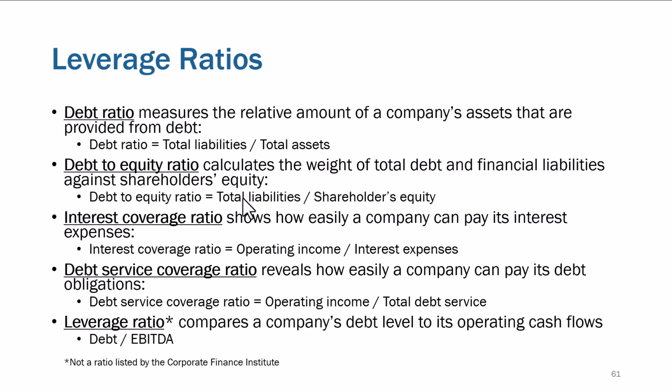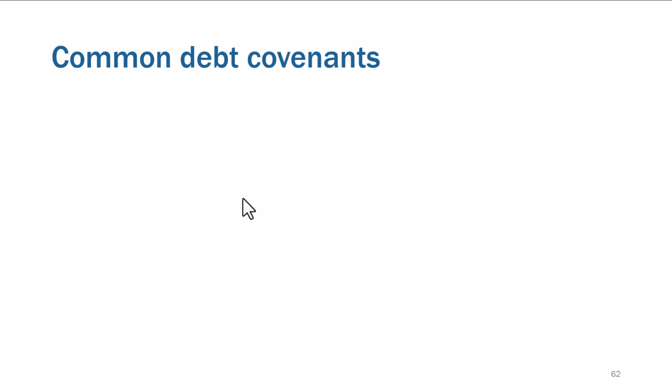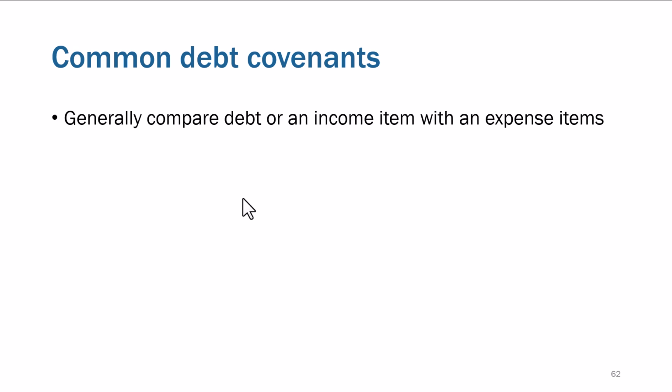This was not one that was listed by the Corporate Finance Institute, but I just kind of added it on here. And that is debt to EBITDA, and that is a popular metric, perhaps the most popular metric that I see companies use. So I wanted to put that on here. So common debt covenants.